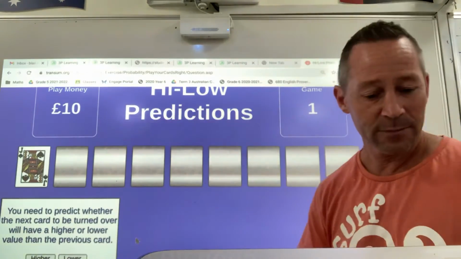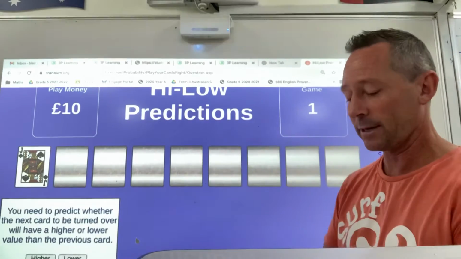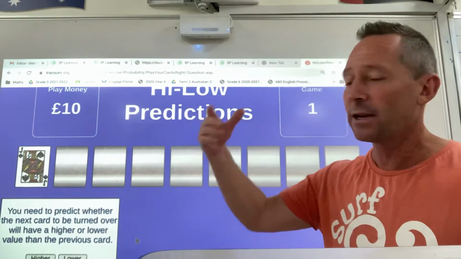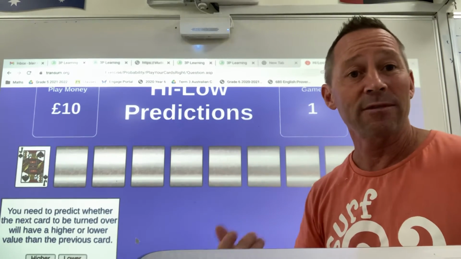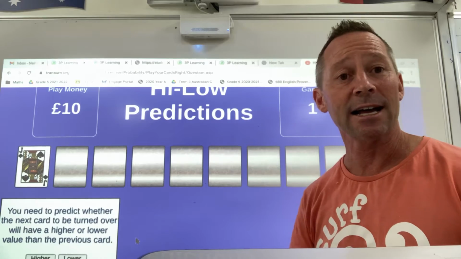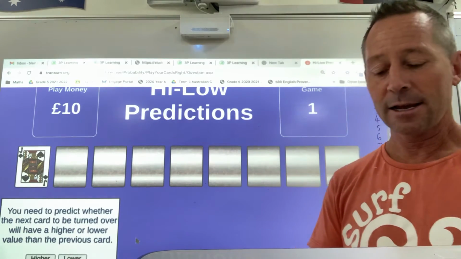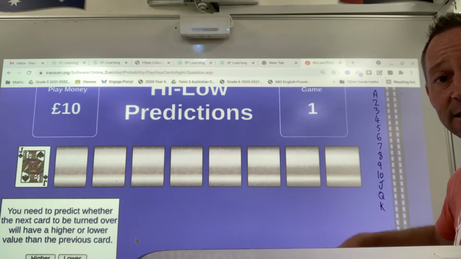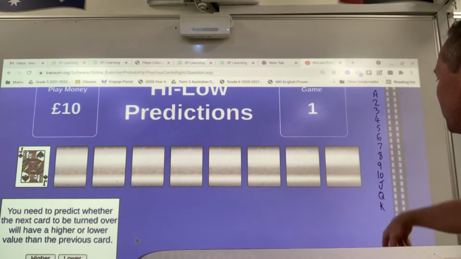So here I have some cards to show you what I'm talking about. Cards have what is known as suits, which is we have spades and clubs, which are the black colours, and then we have the red colours, which are hearts and diamonds. A suit is where you have an ace, a king, a queen, a jack.